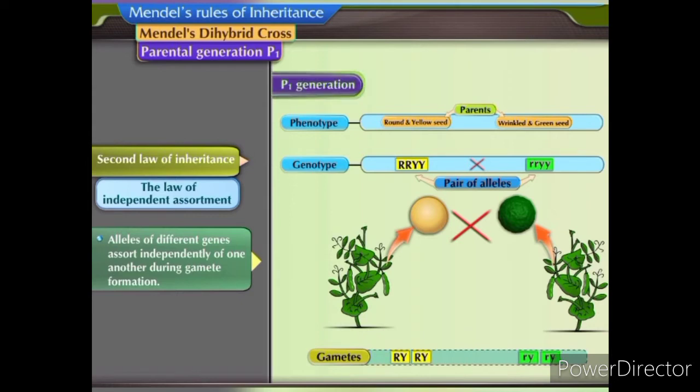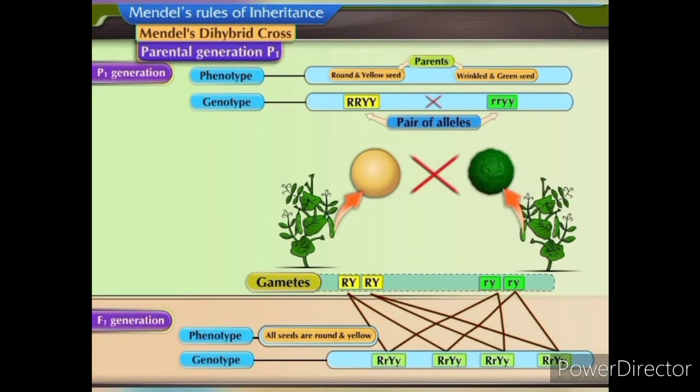Thus, in P1 generation, a parent RRYY produces two gametes RY and RY, and parent rryy produces two gametes ry and ry. Let us study the result of this cross in the next generation, that is, the first filial generation, F1 generation.